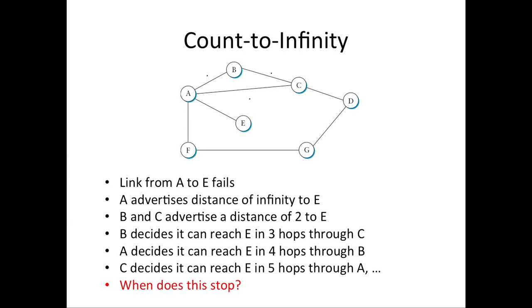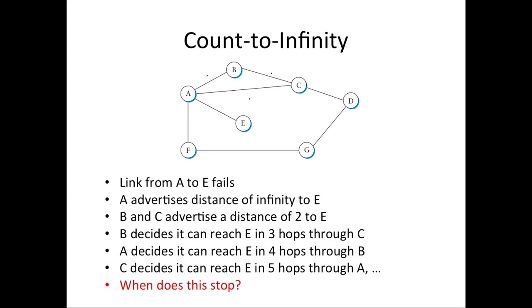But later, does it make sense for B to advertise to A saying, oh, there is a route to E through me? Does it make sense for B to say that? Not for A. But that's what was happening earlier, right? That's the idea called split horizon.